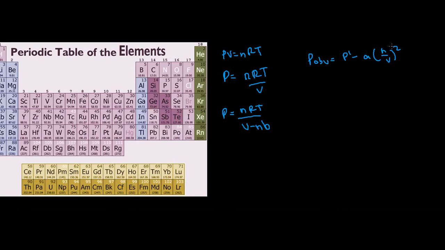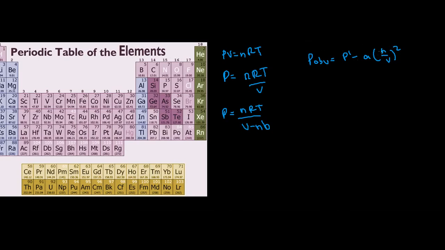However, since they do attract each other, they pull each other off course, and those forces, when they pull on each other, cause them not to strike the container with quite as much force. So this is the pressure correction factor.